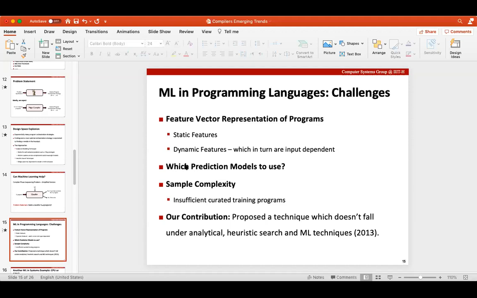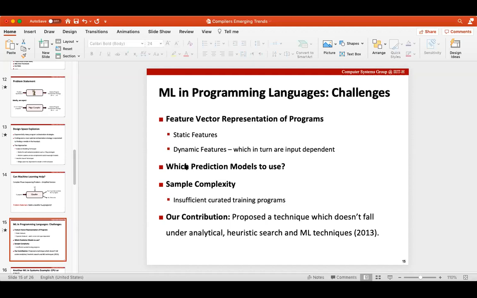Unfortunately, there is another problem, which is called sample complexity. If you want to train a machine learning model in vision, let's say for a face detection problem, in a class of 100 students, each one of you takes out your phone and takes a picture of each other, and immediately you have sample training data of at least 200 to 300 images.